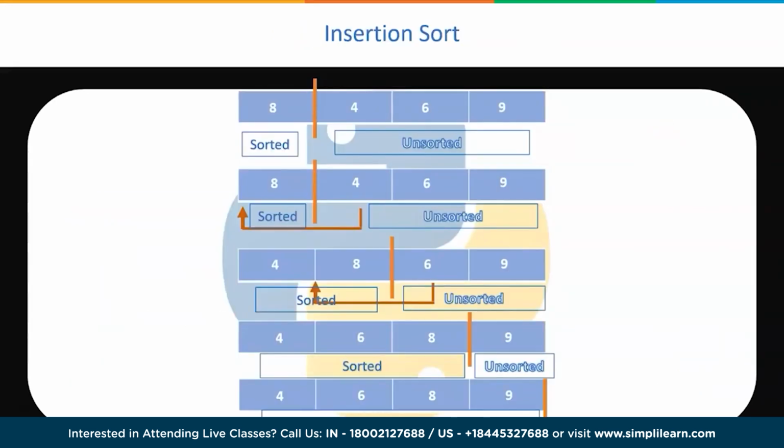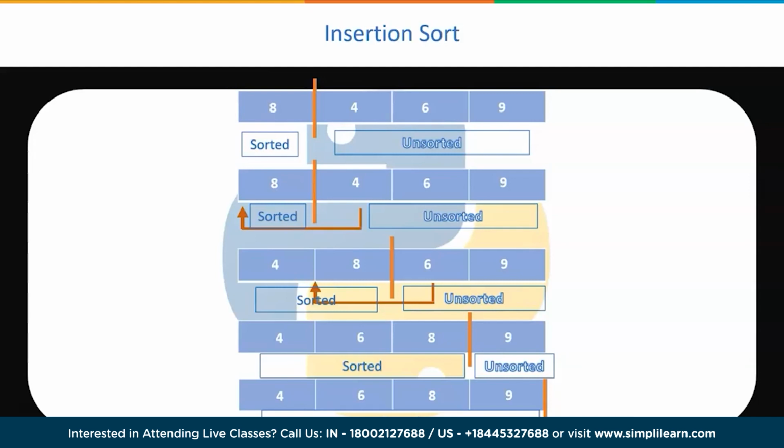Now in insertion sort, whatever list you have, the first element is always considered to be sorted and the rest of the other elements are assumed to be unsorted. So you start your comparison of first element with its adjacent element, right? Now just to simplify things, insertion sort is like playing cards.